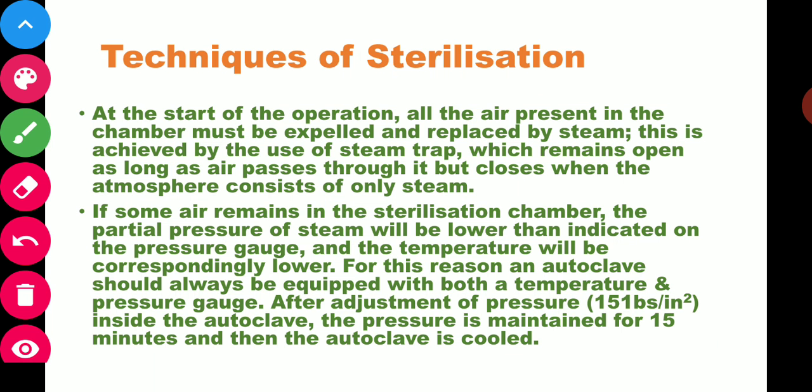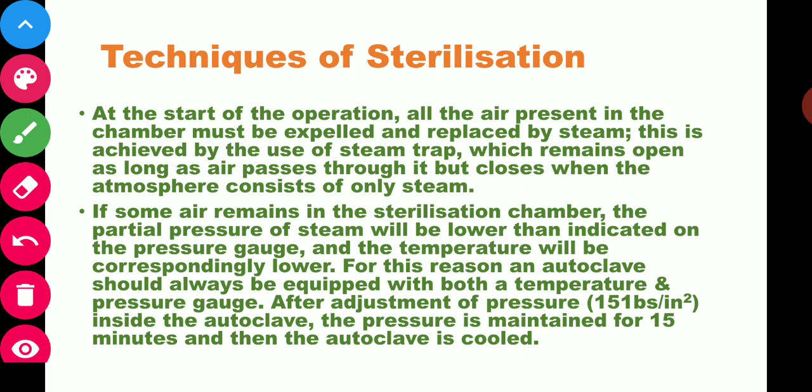The techniques of sterilization include how the autoclave works. At the start of operation, all the air present in the chamber must be expelled and replaced by steam. This is achieved by the use of a steam trap, which remains open as long as air passes through it, but closes when the atmosphere consists only of steam. If some air remains in the sterilization chamber, the partial pressure of the steam will be lower than indicated on the pressure gauge, and the temperature will be correspondingly lower.